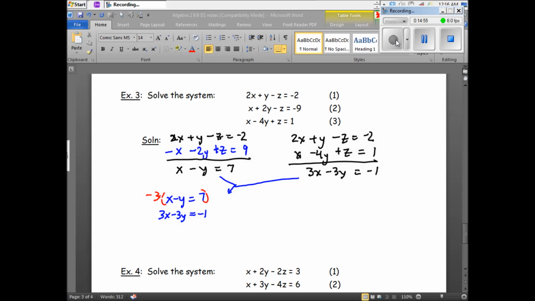We end up with negative 3x plus 3y equals negative 21, and 3x minus 3y equals negative 1. And adding these gives us 0, because both x's and y's cancel out, equals negative 22. Now this is nonsense, and so this is an example of a no solution problem. Okay, let's look at our next example.